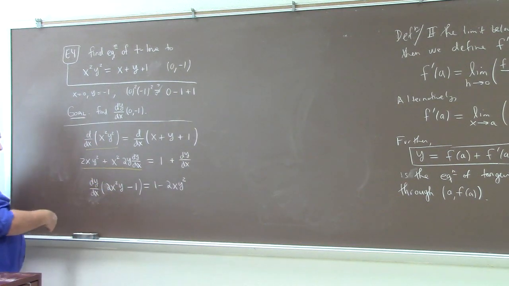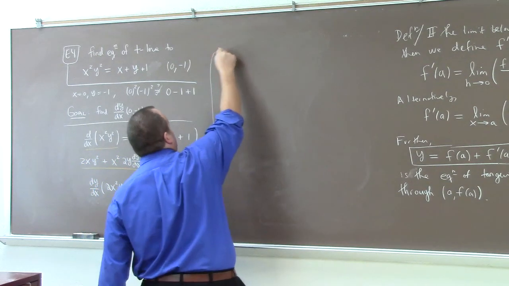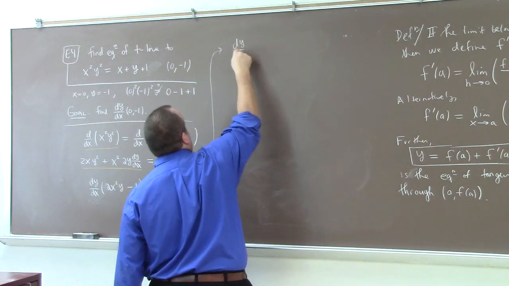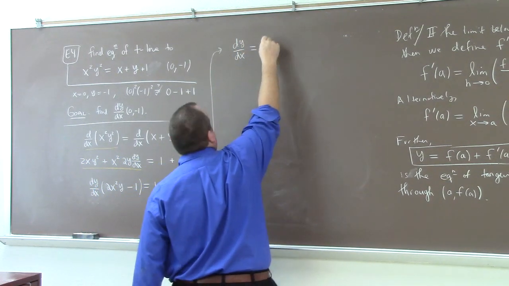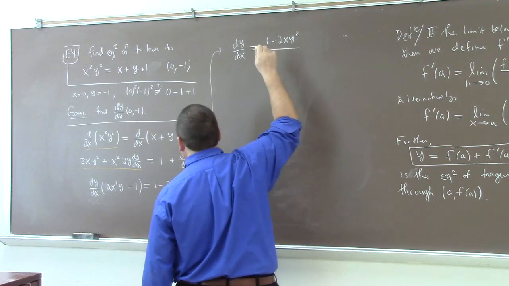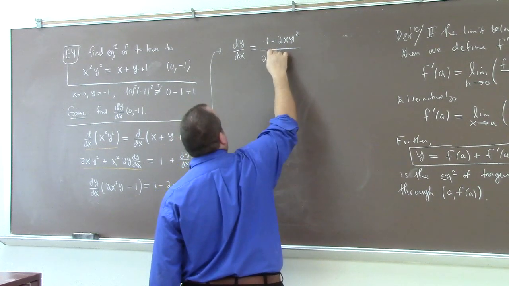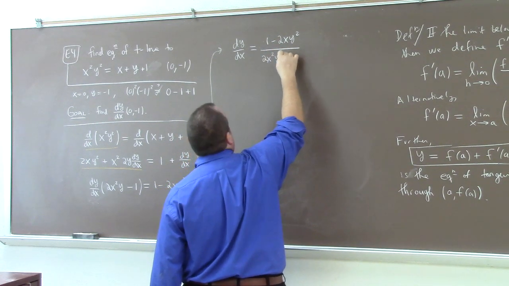So I put all the terms with dy/dx on one side, and then I factored out dy/dx, and I put all the terms without dy/dx on the other side, right? Now that I've done that, I can solve for dy/dx. What do I got? 1 minus 2xy squared divided by 2x squared y minus 1.